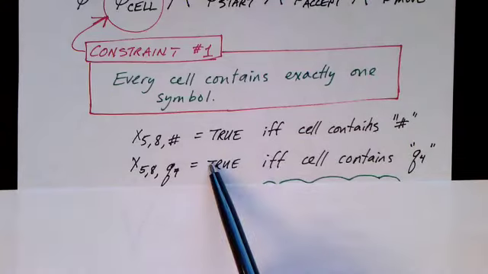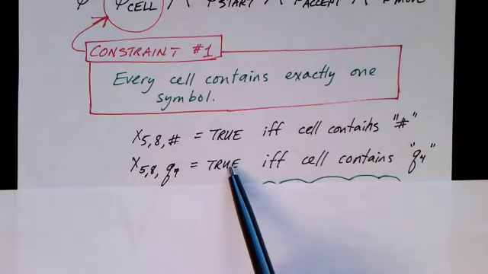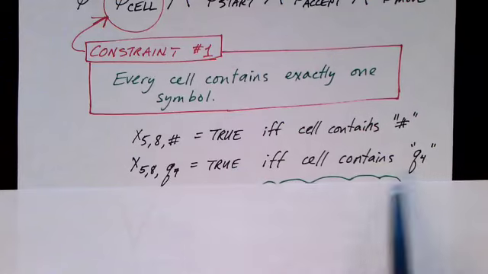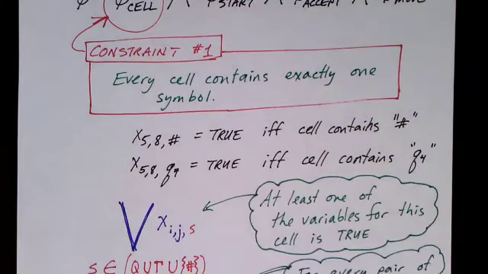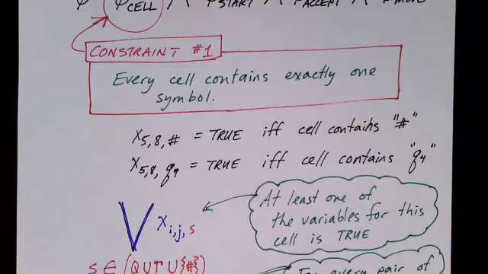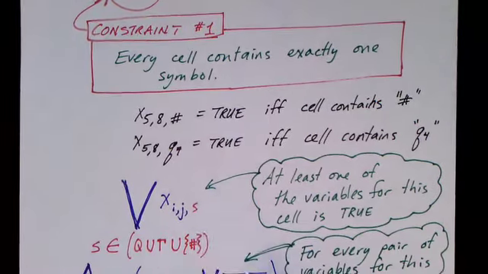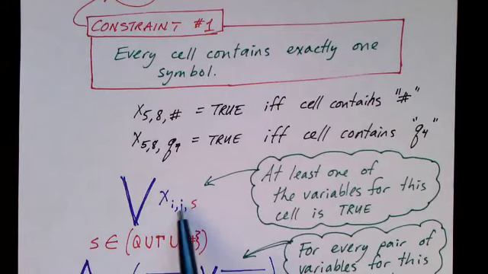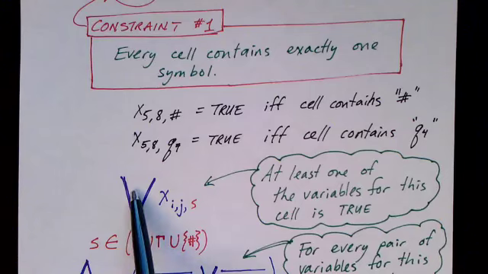Both of these things shouldn't be true at the same time because the cell should contain only one symbol, and likewise all of the cells should contain something. So first of all, here's the constraint that at least one of the variables describing this cell is true. For any given i, j and subscript s, where s is either a state or tape symbol or the pound sign, at least one of those is true, and that's by this gigantic OR.